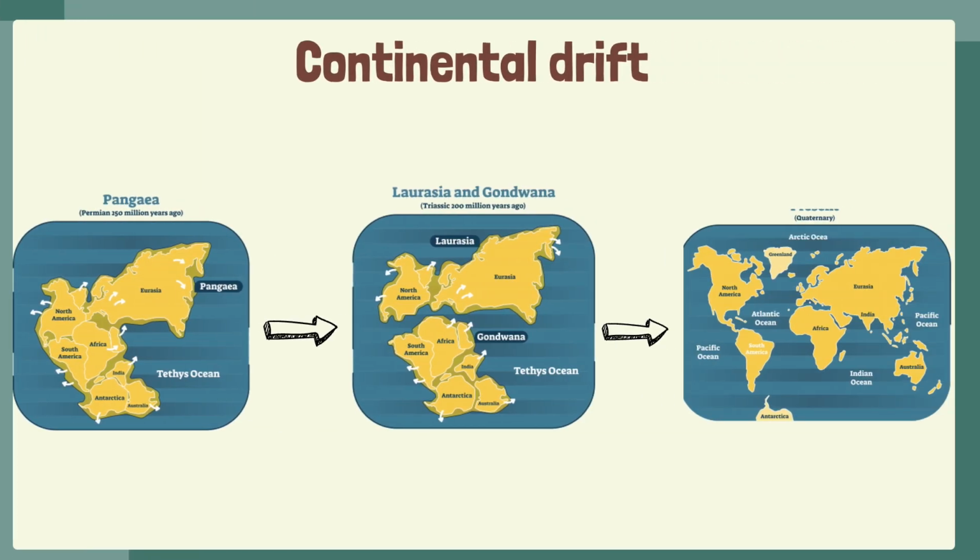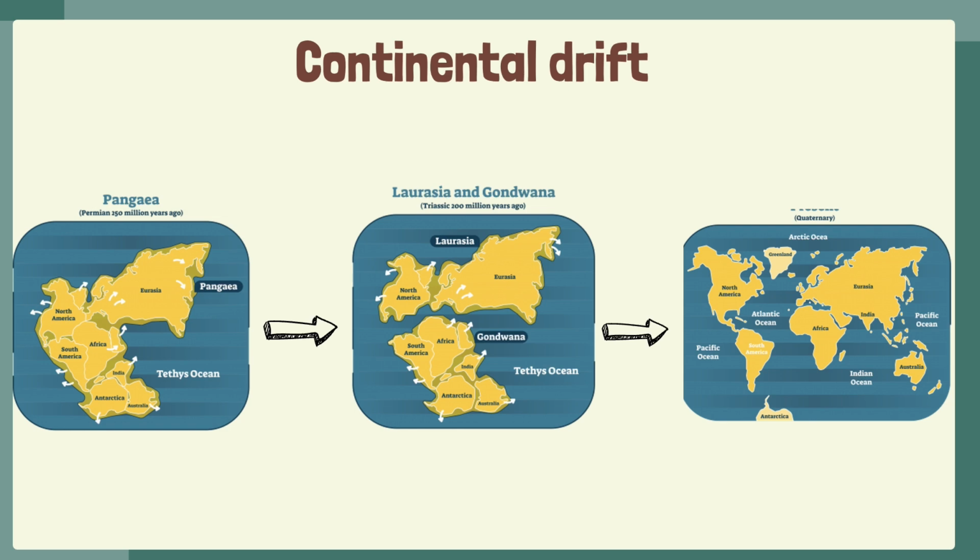So firstly, we can't speak about plate tectonics and not discuss continental drift. This is a theory proposed by Mr. Alfred Wegener, where he suggested that these continents are moving apart, and some million years ago, they were actually together.